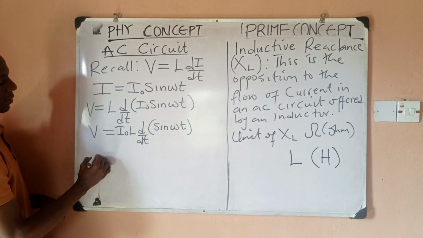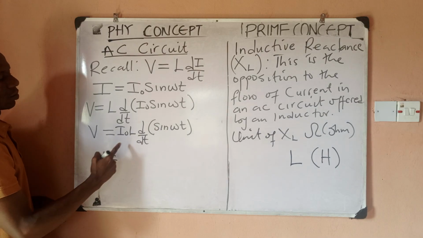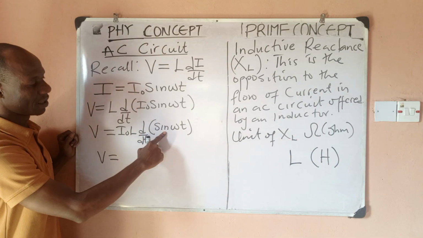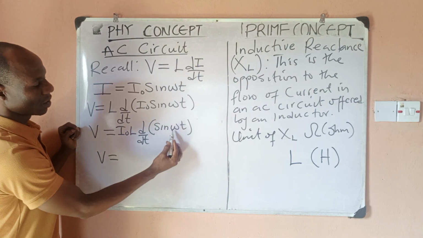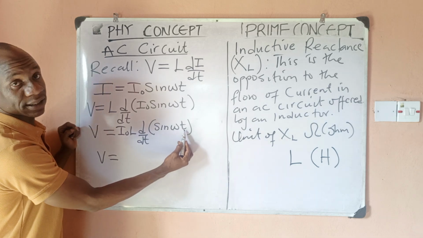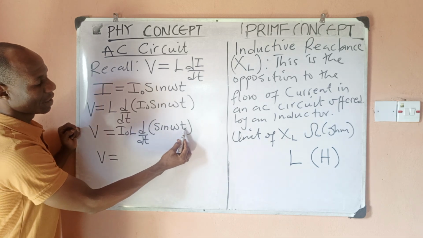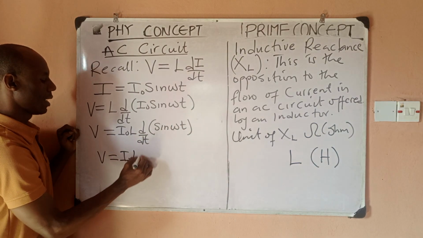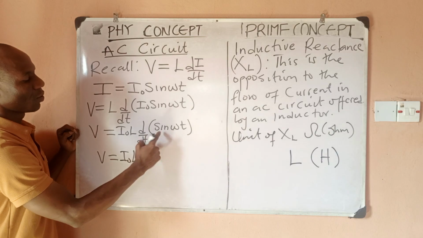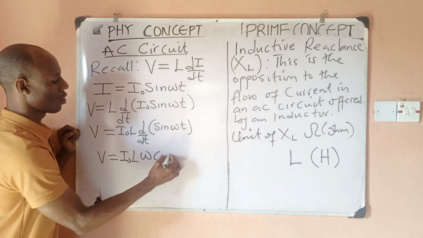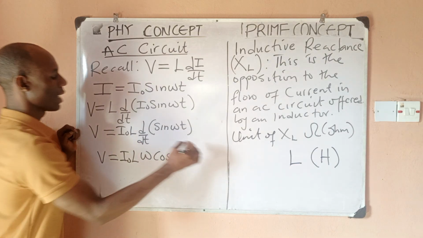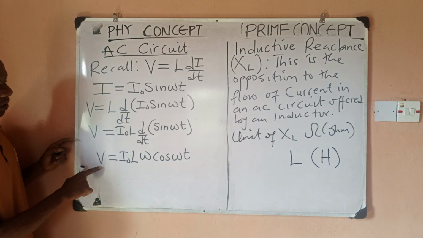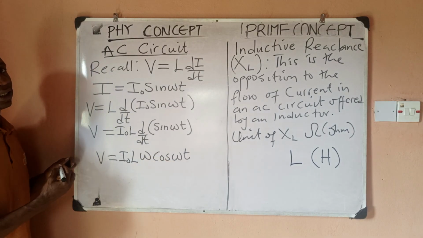Just like we did in our previous video, you differentiate omega t first and you get omega. So I have I naught L omega. Then when you differentiate sine, you get cos omega t. So my voltage V is given as this.